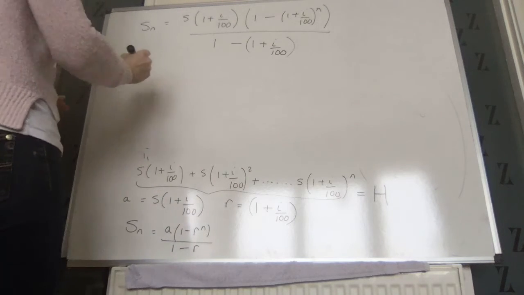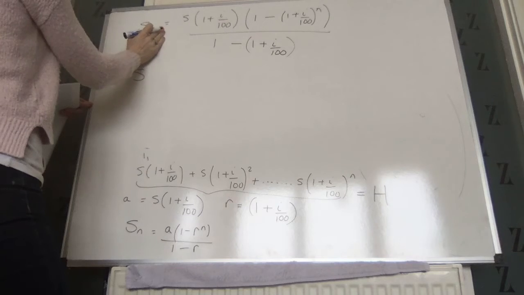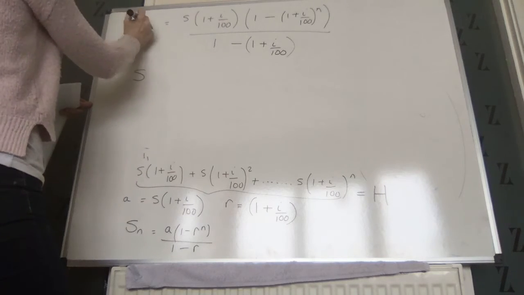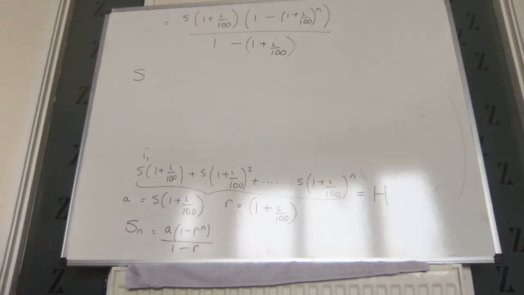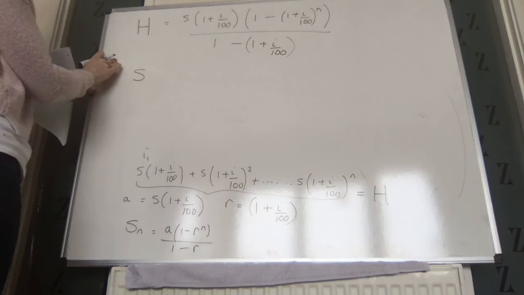Okay, tidying up a little bit, that Sn, remember, refers to our holiday fund. So that's the amount that we want to save to have at the end of the n installments.